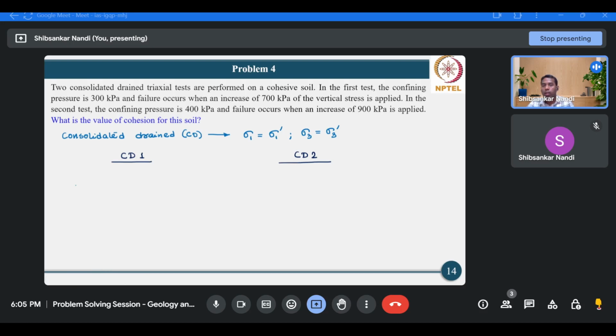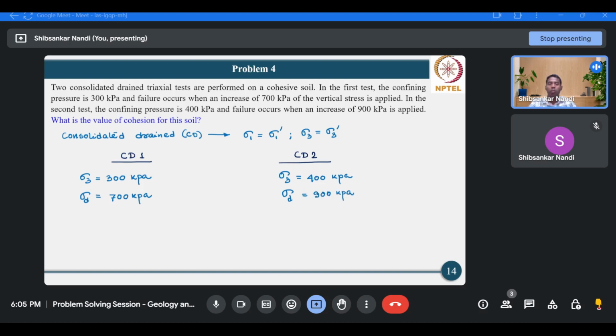Now for CD1, the confining pressure sigma 3 was 300 kPa and sigma d was 700 kPa. Whereas in CD2, your sigma 3 was 400 and sigma d 900.